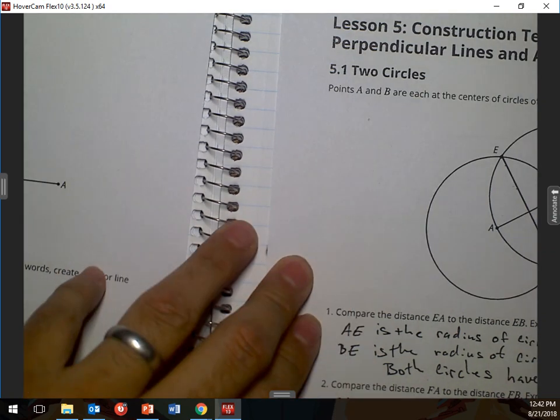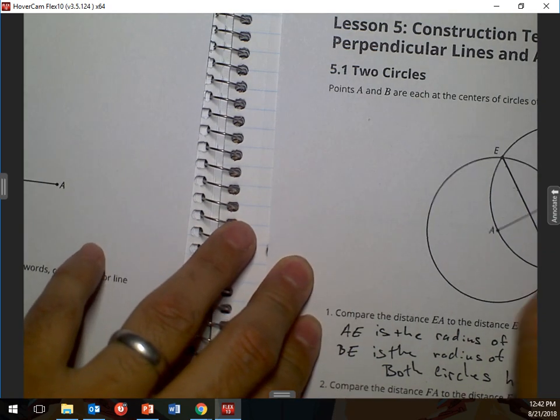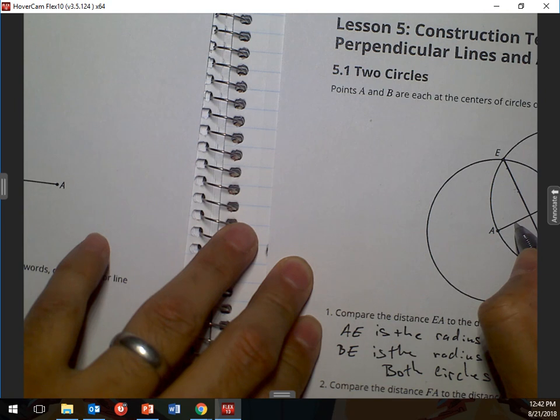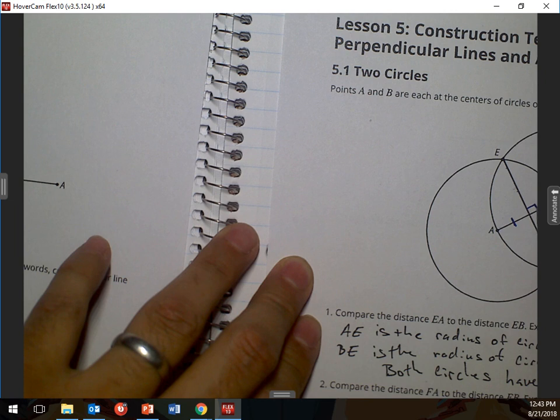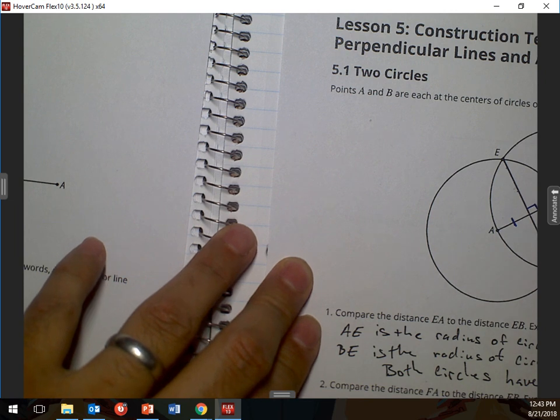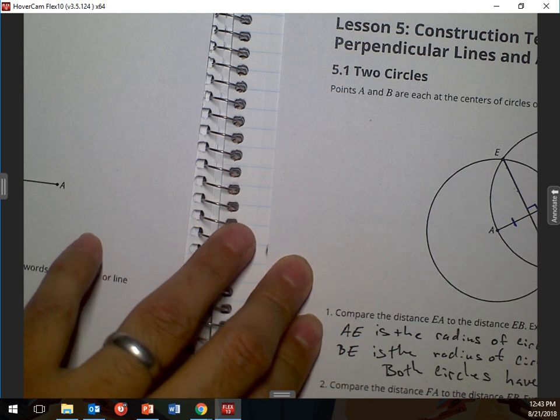So, from what we did right there, I can make the conjecture that this piece right here is congruent to this piece right here, and it is perpendicular, so I'm going to put a little box right there to show that this is a right angle.